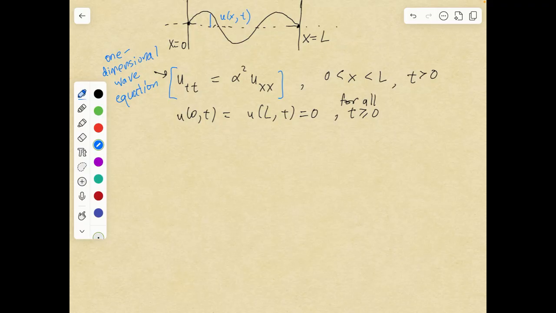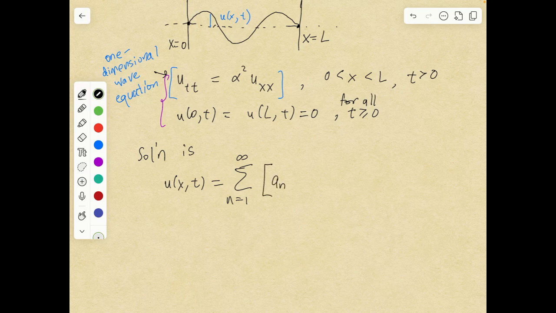So when you have these two equations, again, I'm not going to explain how we get this in this video, but it turns out that the solution is u of x,t equals the sum from n equals 1 to infinity of a sub n cosine of n pi alpha over L t plus b sub n sine of n pi alpha over L t.